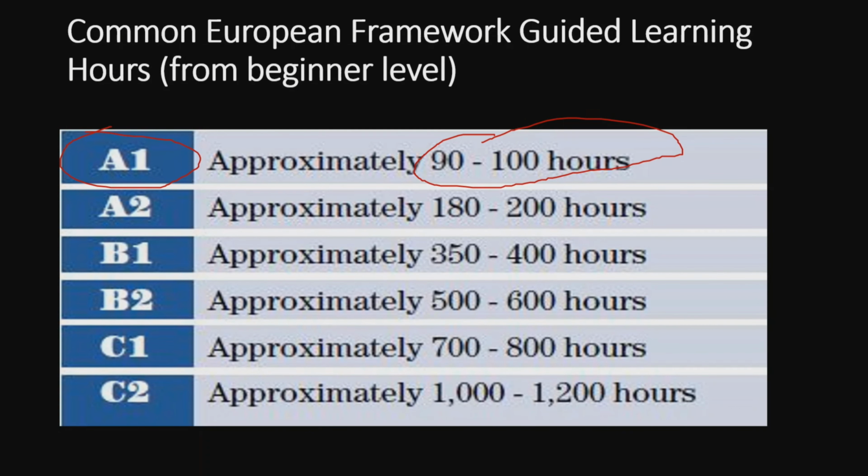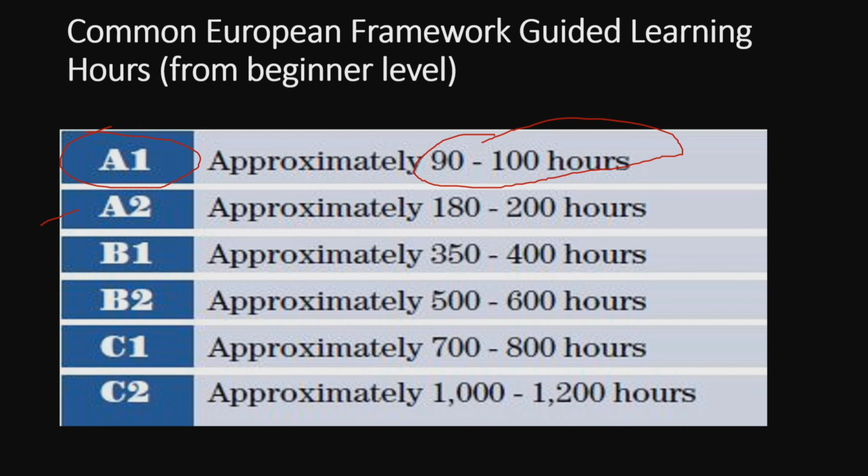Similarly, to reach the level A2, you need approximately 180 to 200 hours, and B1 approximately 350 to 400. Similarly, for B2, you need 500 to 600 hours, and for C1, you need 700 to 800 hours, and C2 approximately 1000 to 1200 hours.